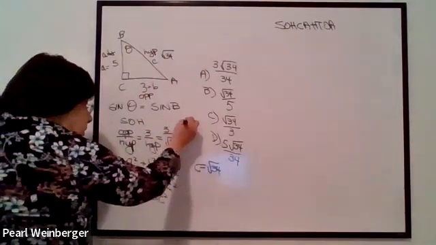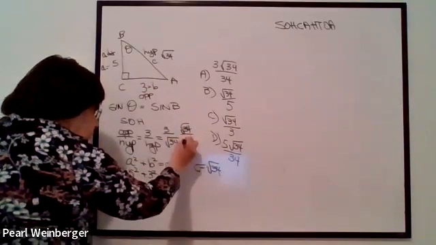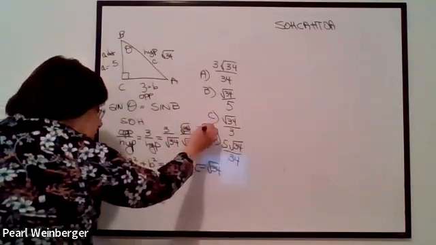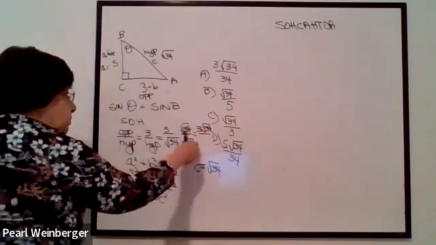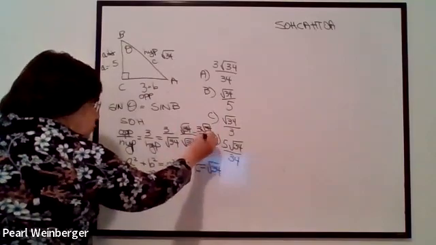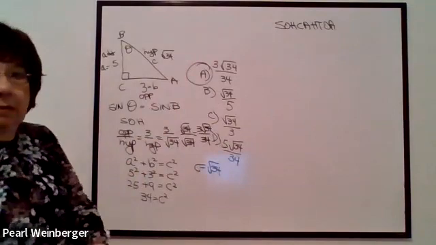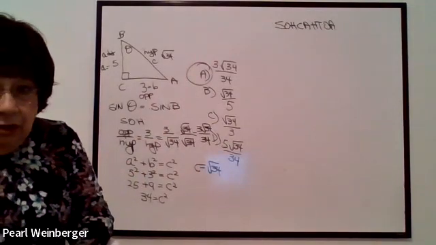So we multiply by the square root of 34 over the square root of 34. So on top we get 3 radical 34. And when we multiply square root of 34 times square root of 34, that just gives us 34, which is indeed choice A. Perfect. That was really good.